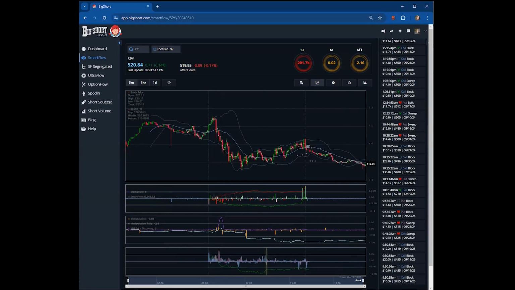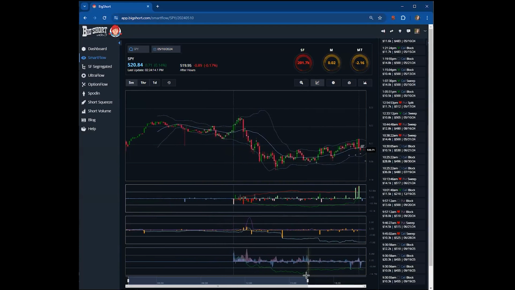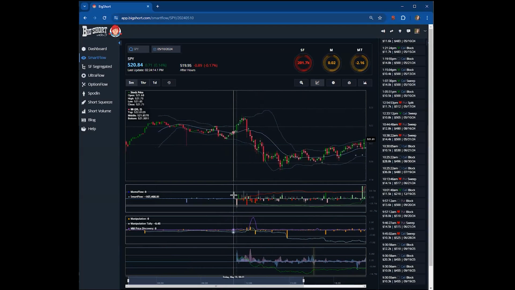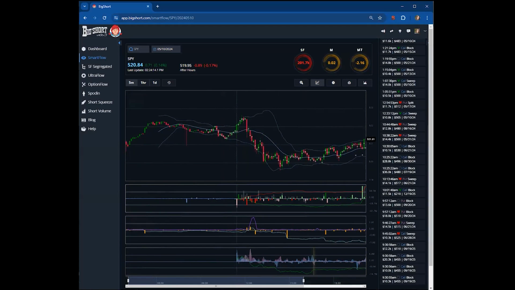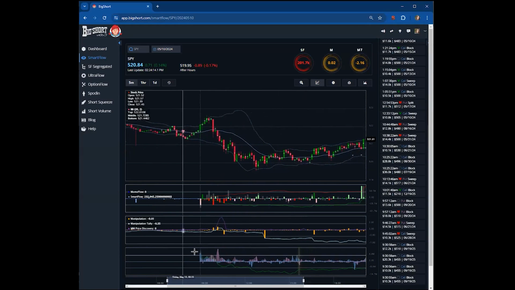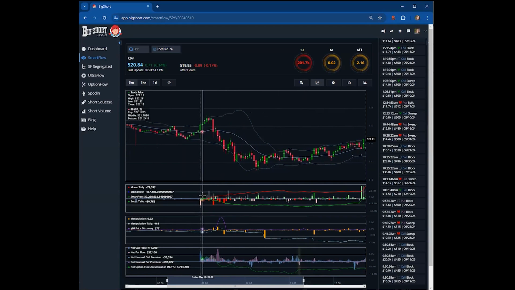While I like to look at the lines more than the bars, the bars also show good granularity into who's driving price movement for a given 5-minute bar. I'm just zooming in here so you guys can see it a little better. As you can see, we have these green bars and these red bars. This green bar means that smart money is buying while Momo is selling. And this red bar means that smart money is selling while Momo is buying.